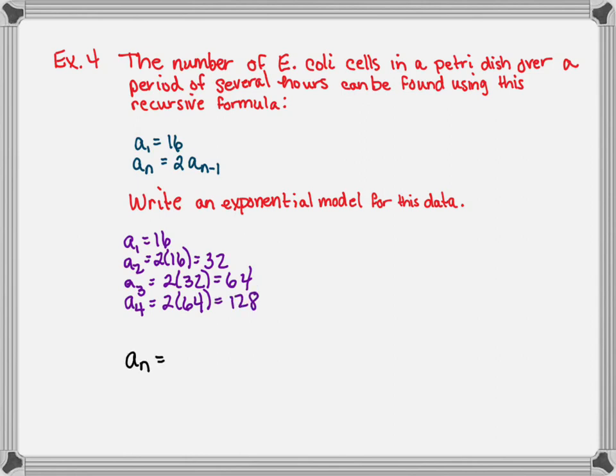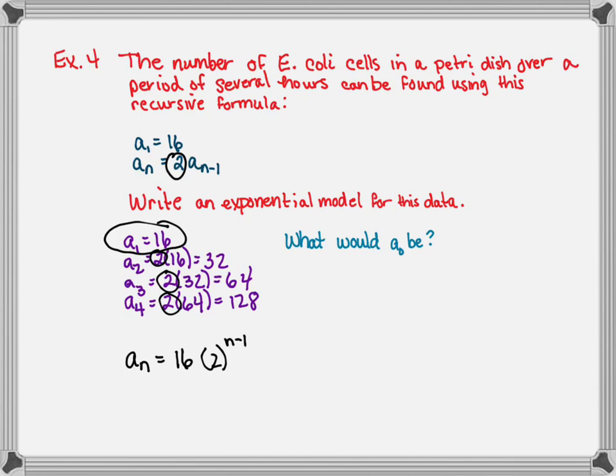So A sub n, we'll take our A sub 1 value, 16, and each time we are multiplying by 2. So that is our growth factor, or our common ratio. So times 2 to the n minus 1 power, because we are starting with A sub 1, not A sub 0.